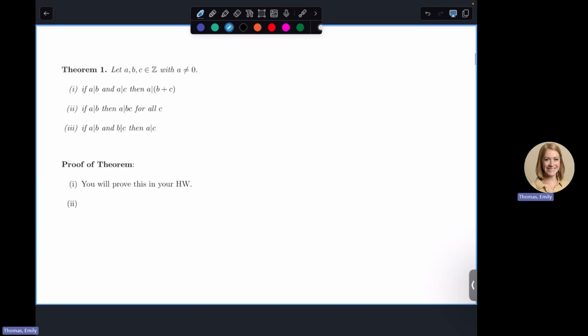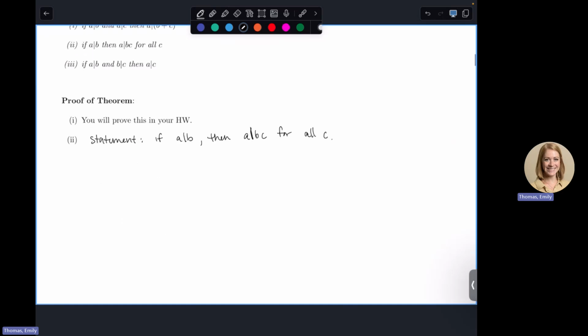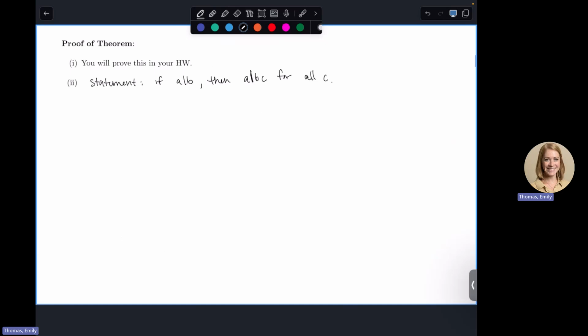Okay, part 2 though, our claim here, the statement is that if A divides B, then A divides B times C for all C. Okay. What do we get to assume? B is not 0.